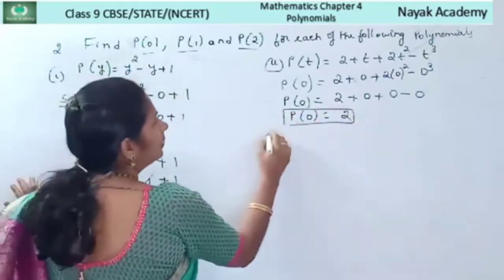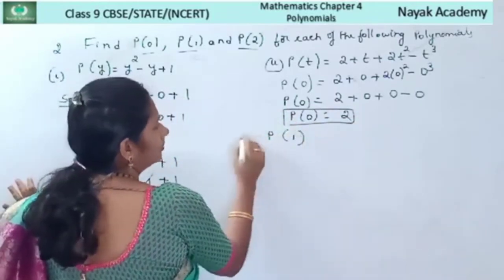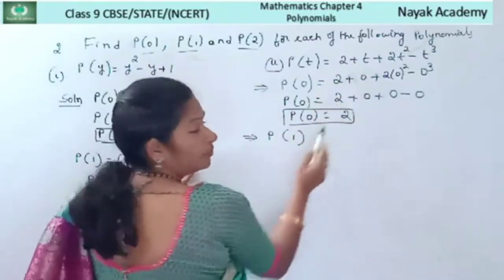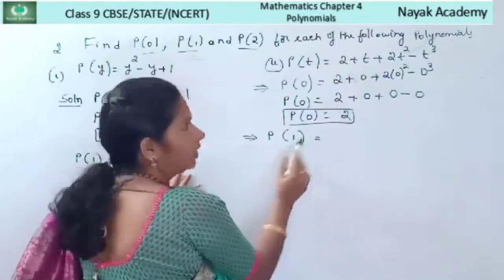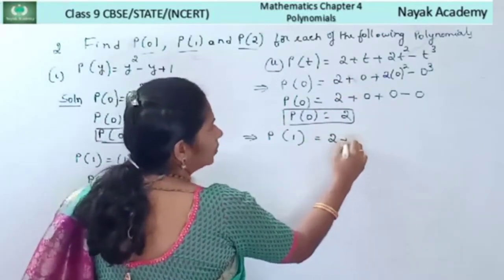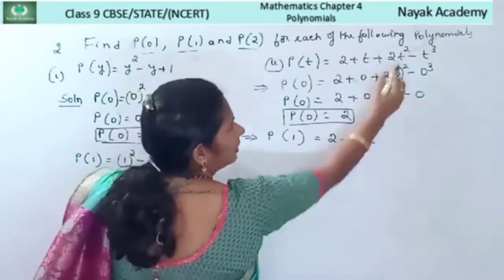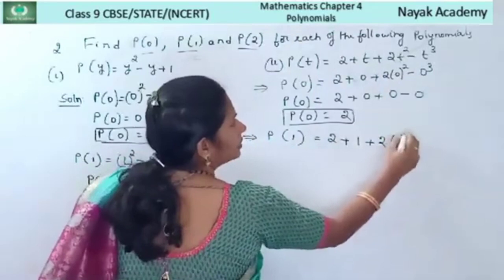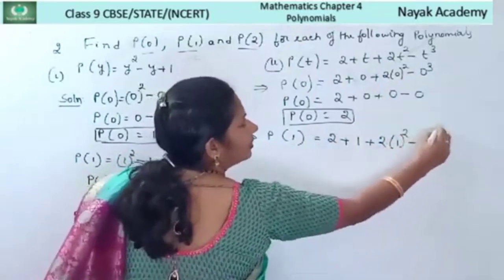Now we have to find the value of p of 1. In place of t, which value you have to substitute, children? 1. So let us substitute the value as 1: 2 plus 1 plus 2 into 1 square minus 1 cube.